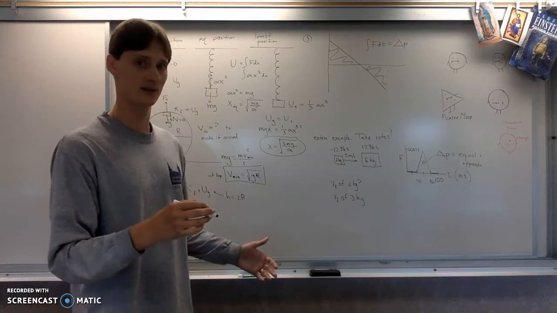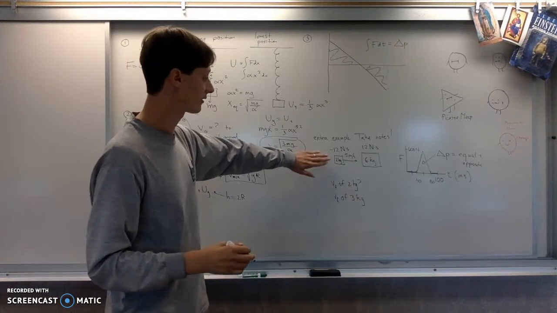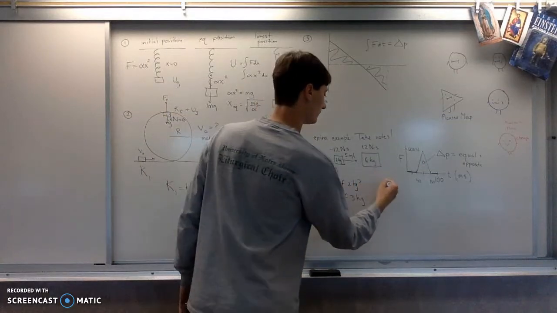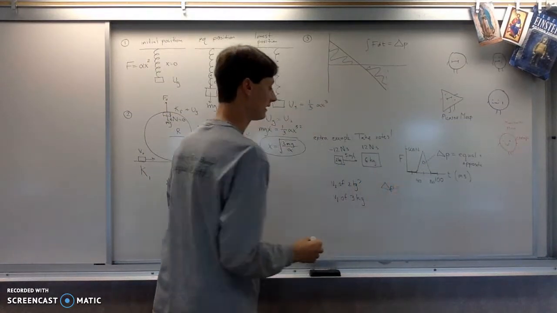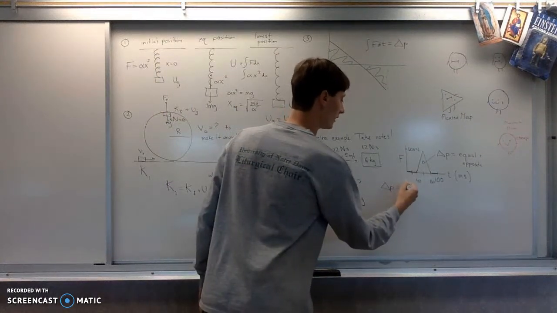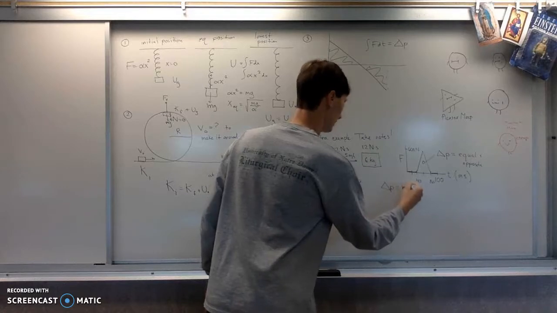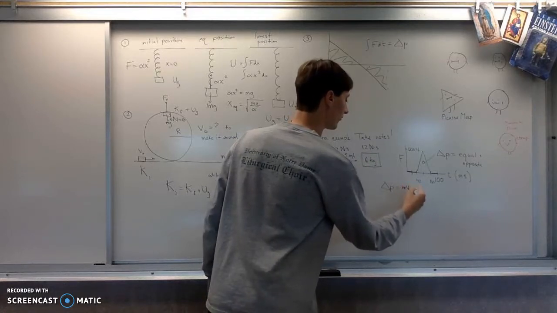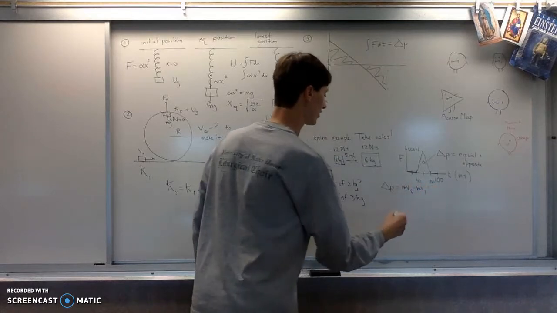All right, now what am I supposed to do with that? Well, for the first block, the impulse that it receives is going to be the change in its momentum. So mv final minus mv initial.